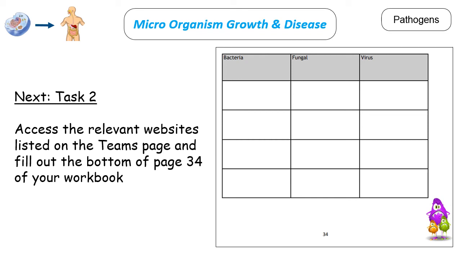And here's your next task. Task 2. What I want you to do is access the relevant websites listed on the Teams page and fill out the bottom of page 34 of your workbook. The bottom of page 34 is demonstrated on the screen right there. Look at 4 examples of bacteria, 4 examples of fungus, or fungal pathogen, and 4 examples of a viral pathogen.